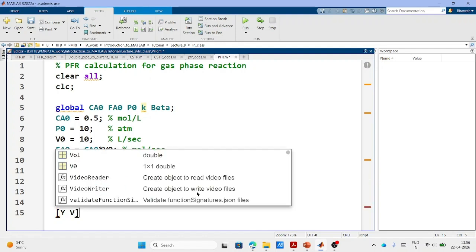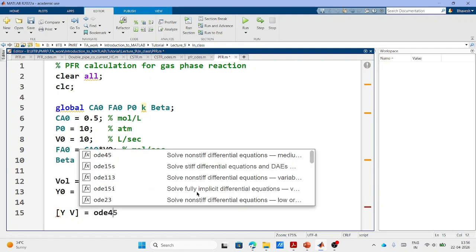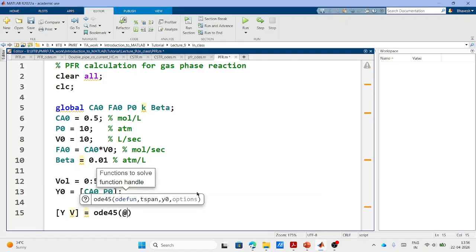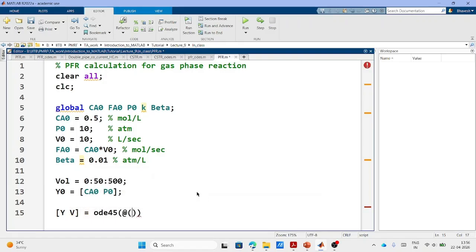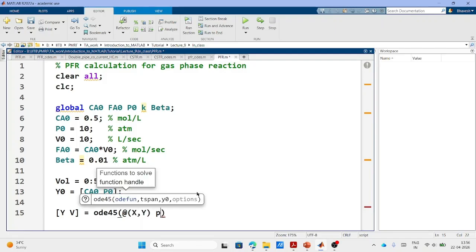is equal to ODE45. I have to provide the function, which is a function of x comma y, right? I'm calling it PFR ODEs. The span that you have to give is volume, and the initial value that you have to provide is y0.